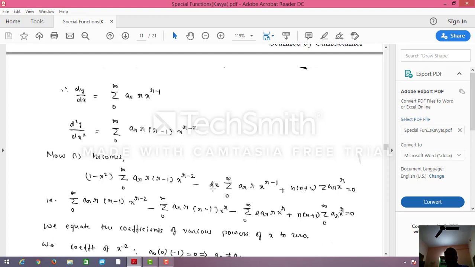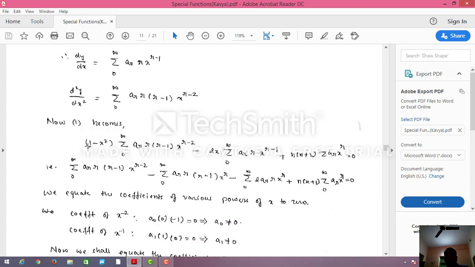If you multiply and simplify, the first term is 1 into ar into r into r minus 1 into x power r minus 2. Next, I am multiplying with minus x square. Already here x power r minus 2 is there; if you multiply with x square, you will get x power r. The remaining terms are summation of r equal to 0 to infinity r into r minus 1.